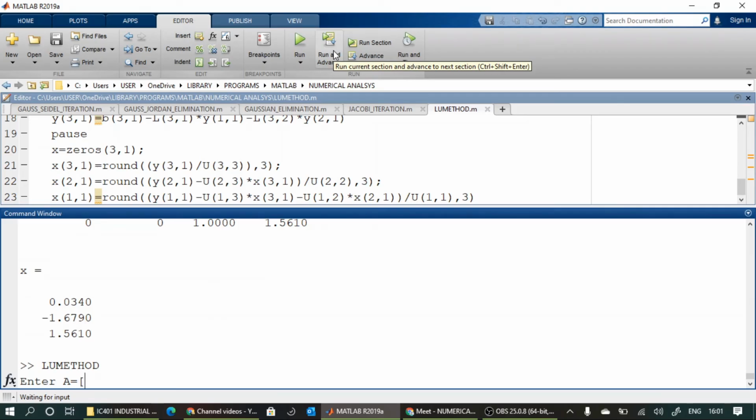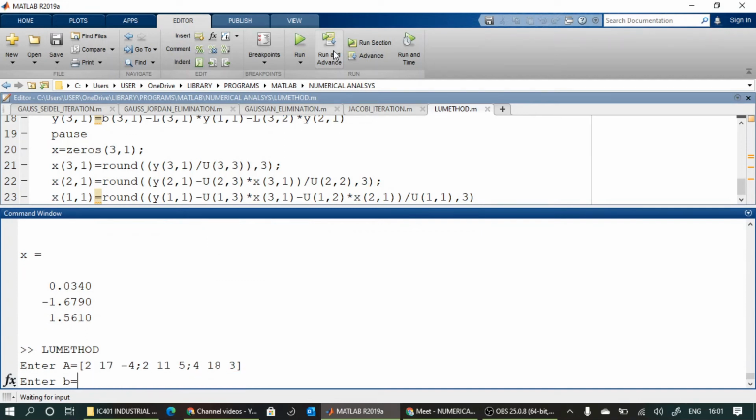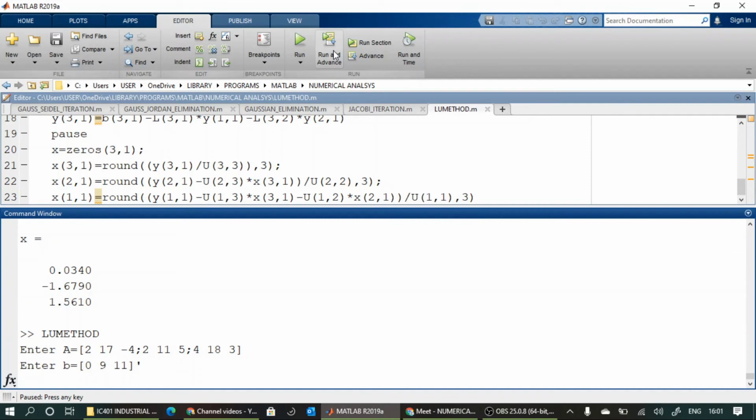A is 2, 17, minus 4, 2 11 5, 4 18 3. So here I am using 17 in here. Okay. Now b is equal to 0 9 11 as a column. Okay. So now what is the solution?